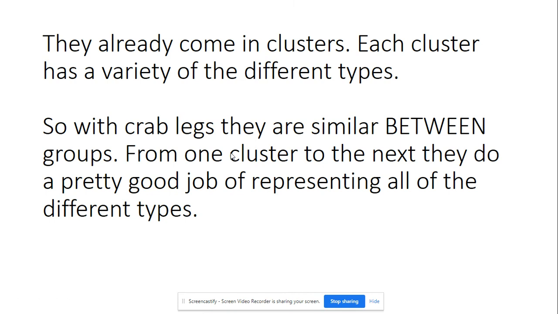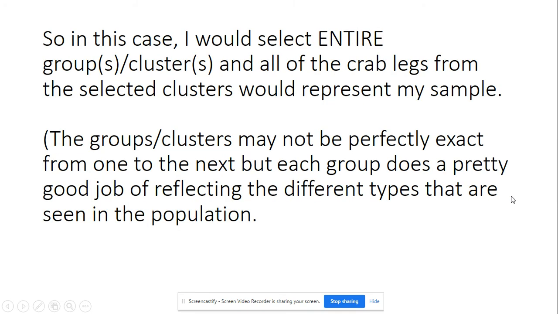From this crab cluster to this crab cluster, they both look kind of the same. From one cluster to the next, they do a pretty good job of representing all of the different types. So in this case, I would select an entire crab cluster and then take all of the crab legs from that cluster to be my sample.